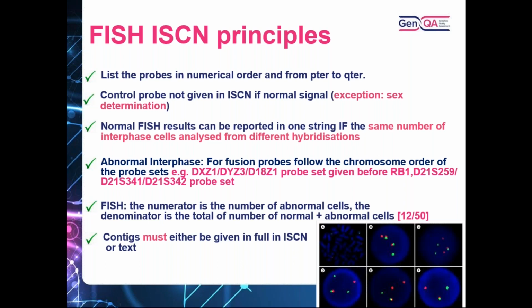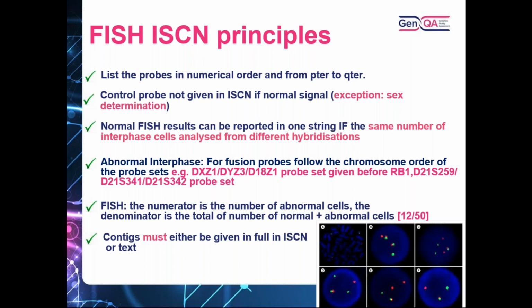So if you're doing, let's say, an aneuploidy, and you've got a normal result, then you can list the X, Y, 13, 21, and 18 probes in one string. And you don't have to report them as different hybridizations. However, for abnormal interphases, the fusion probes follow the chromosome order of the probe sets.